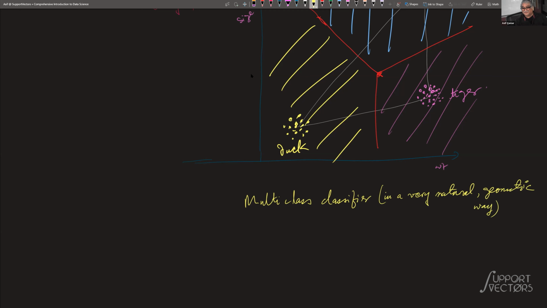Would you agree? That's one of the benefits. The other benefit was that it gives us dimensionality reduction, but we won't talk about it now.